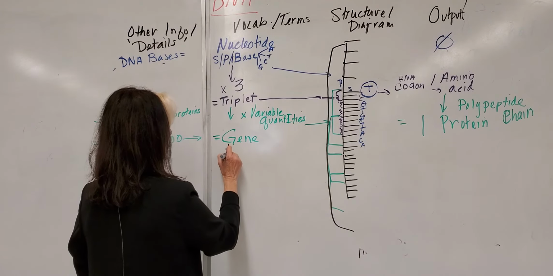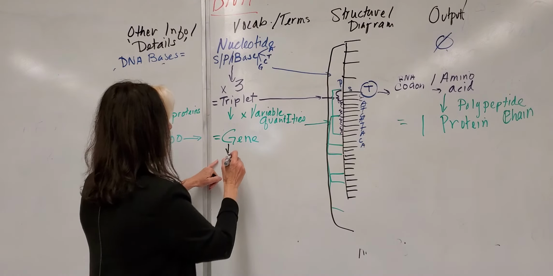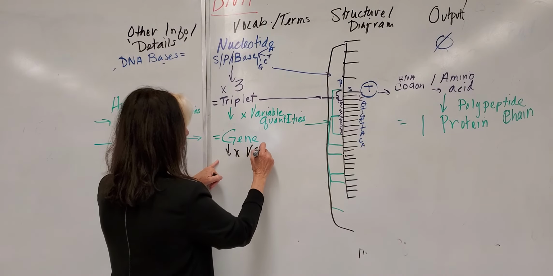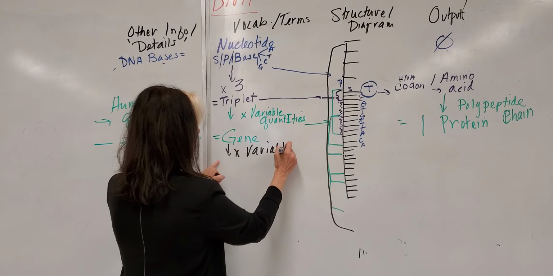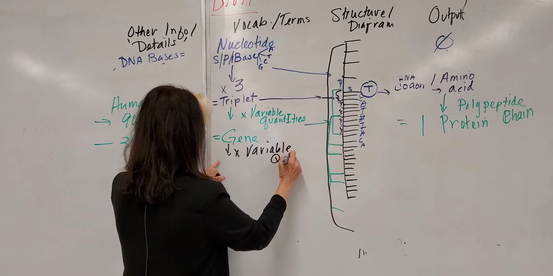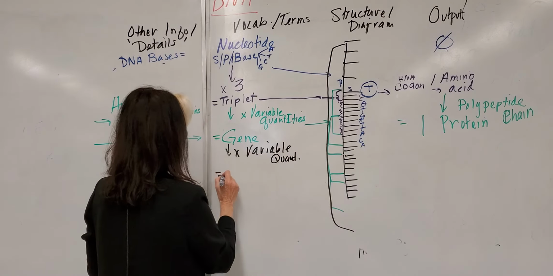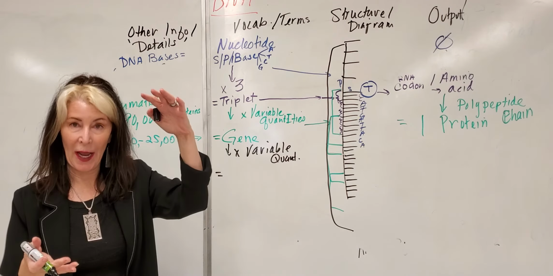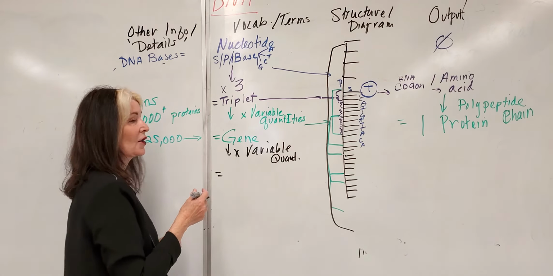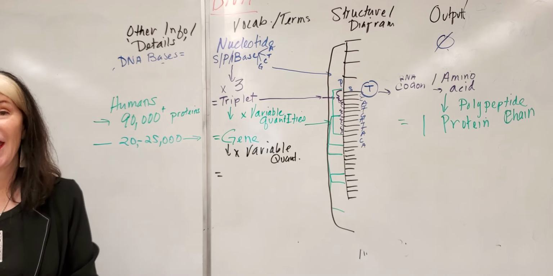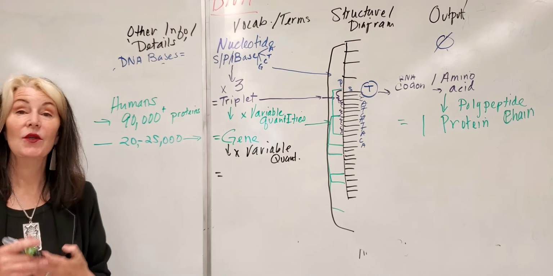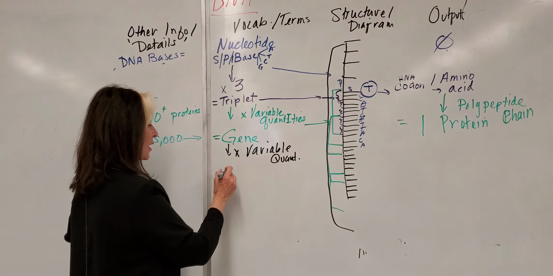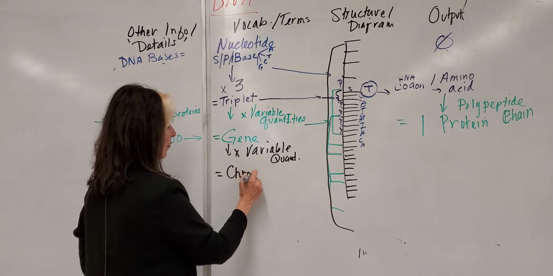So genes, we're going to drop down to the next vocabulary word, times variable quantities equal the structural strand. That's also a term that you probably use and you've certainly heard, and that is chromosome.